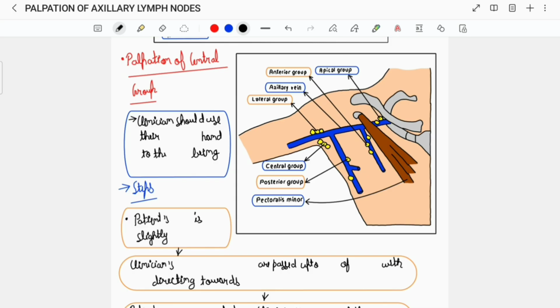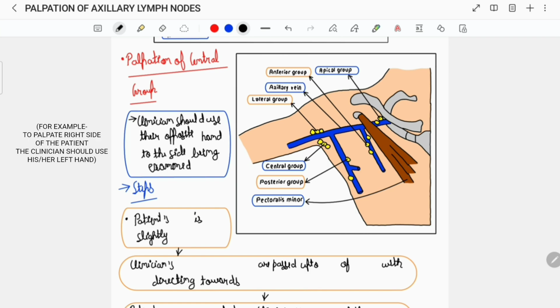To palpate the central group of axillary lymph nodes, the clinician should use their opposite hand to the side being examined. For example, to palpate the right side of the patient, the clinician should use his or her left hand.